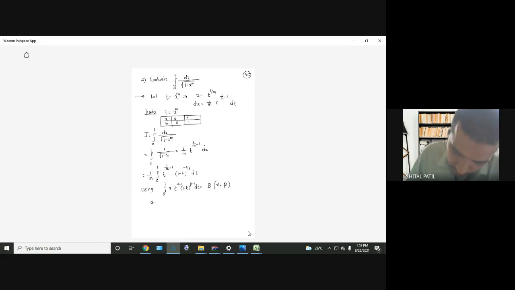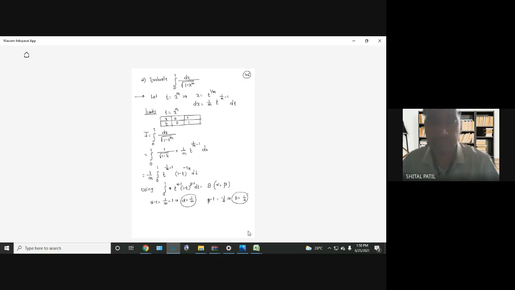So alpha minus 1 is, beta equal to half.